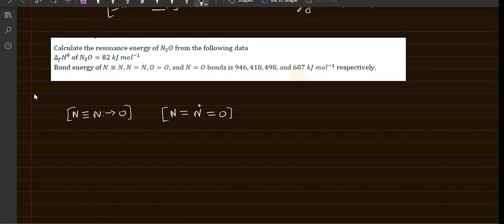It would be N2 plus half O2 gives N2O, right? And we know that delta H of formation is equal to, right? Delta H of formation is equal to what? Delta H of formation of N2O minus the reactant, which is 0. Right, everyone? Now, sorry, it is not 0 because it is N2, it is N triple bond N. So we have to dissociate the bonds also.